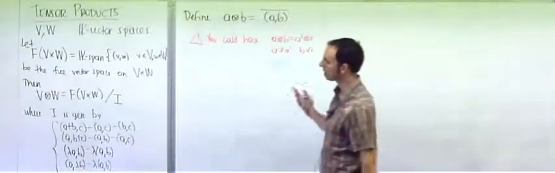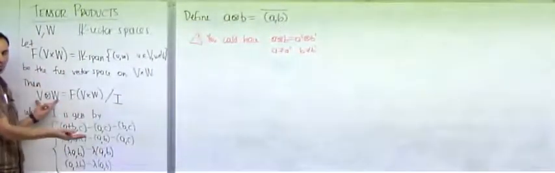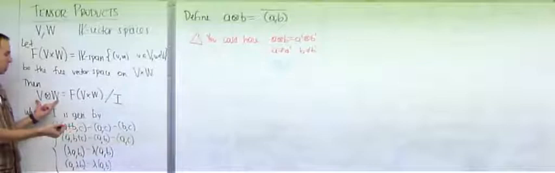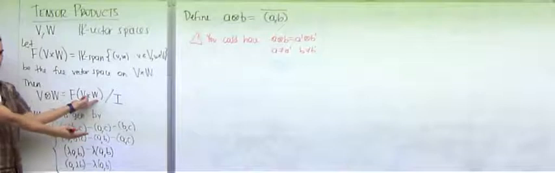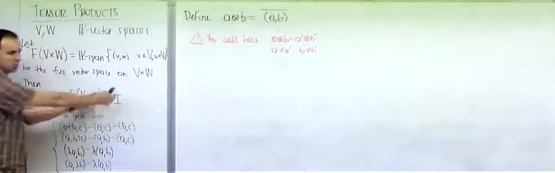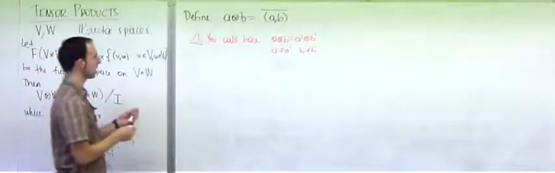So how am I going to define a map from a tensor product to something? Well, what I do is that I define it from the free vector space to W. And then I check that it quotients by I. Let me write that down.